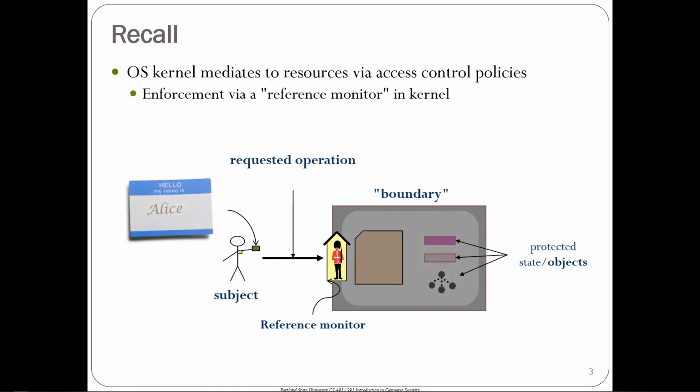In this picture, you have users on the left, subjects, trying to get access to objects on the right. There's some kind of policy and permissions specified that this reference monitor, which is in the Linux kernel, is going to enforce. So that's the general picture.